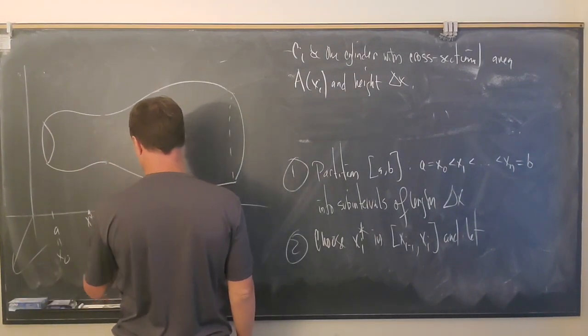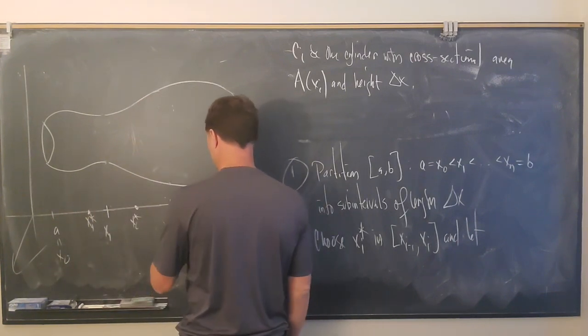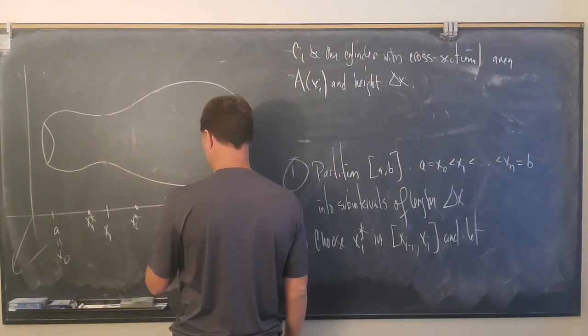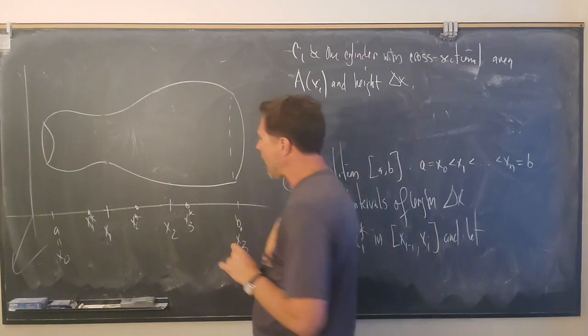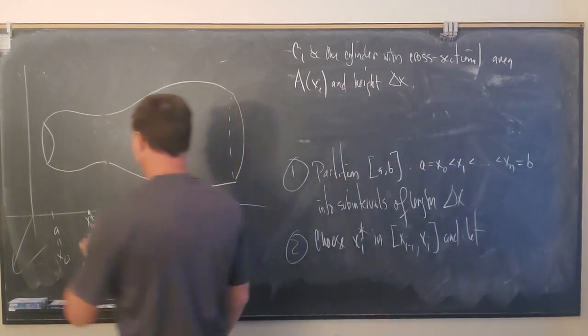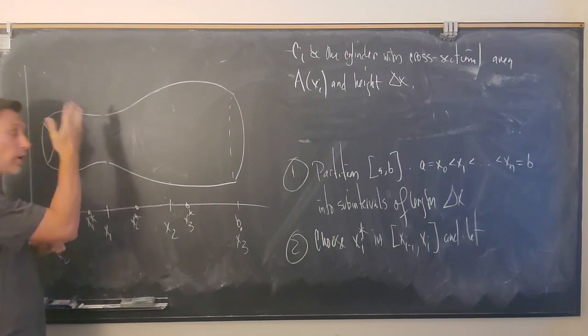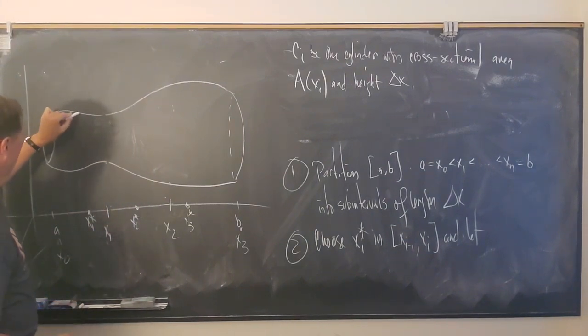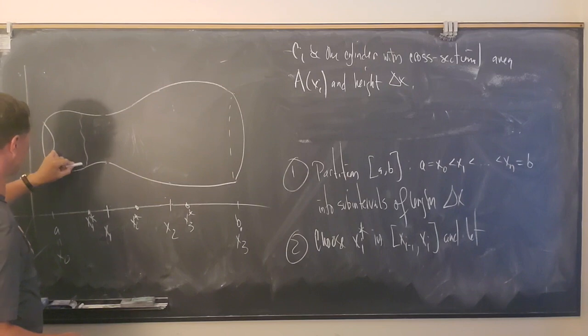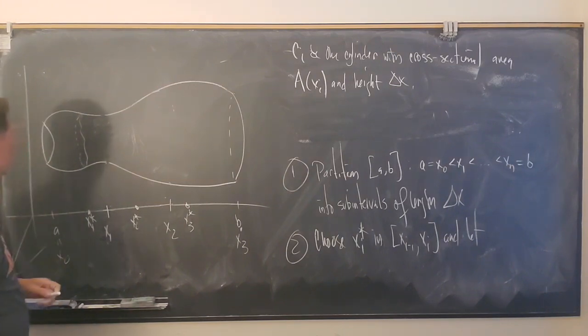Next one will be x2 star. And then one more right there. Let's say there's x3 star. And now what I want to do is I'm going to go up and I'm going to slice at x sub I star. So for x1 star, what we get is a cross section, right? Maybe that looks like that.